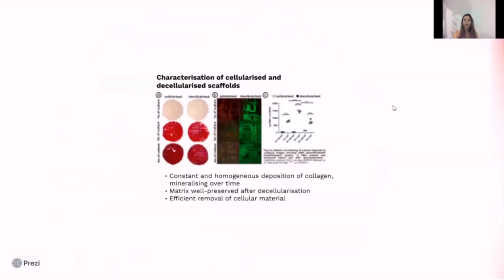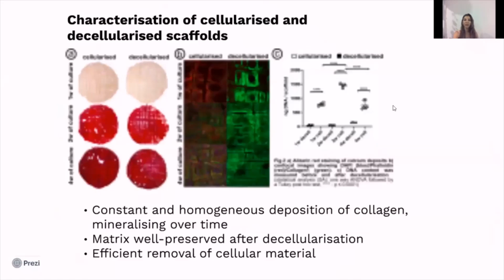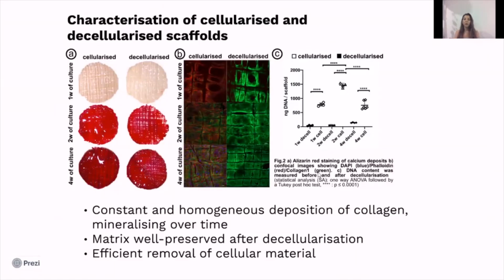So when looking at the decellularization evaluation, we could observe that we had a constant and homogeneous deposition of collagen, as you can see in the confocal images in green, and that was mineralizing over time, as you can see in the alizarin red staining.